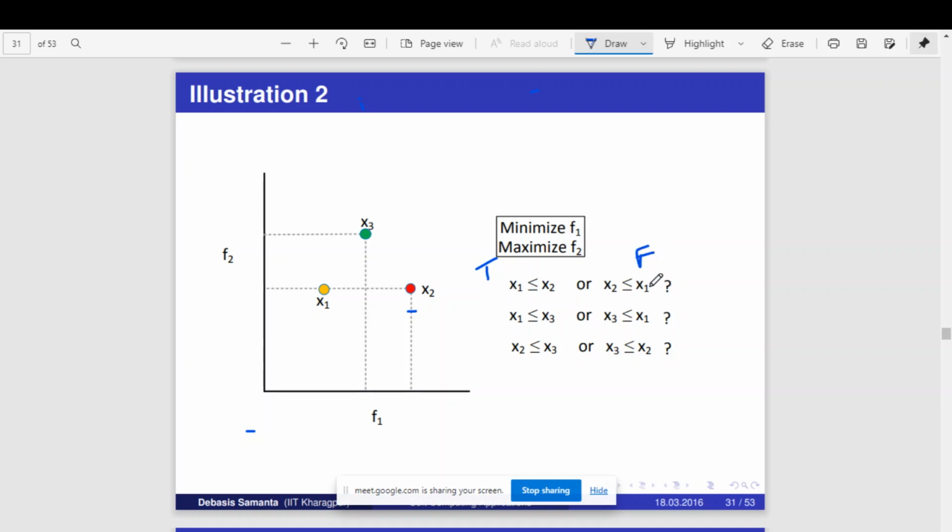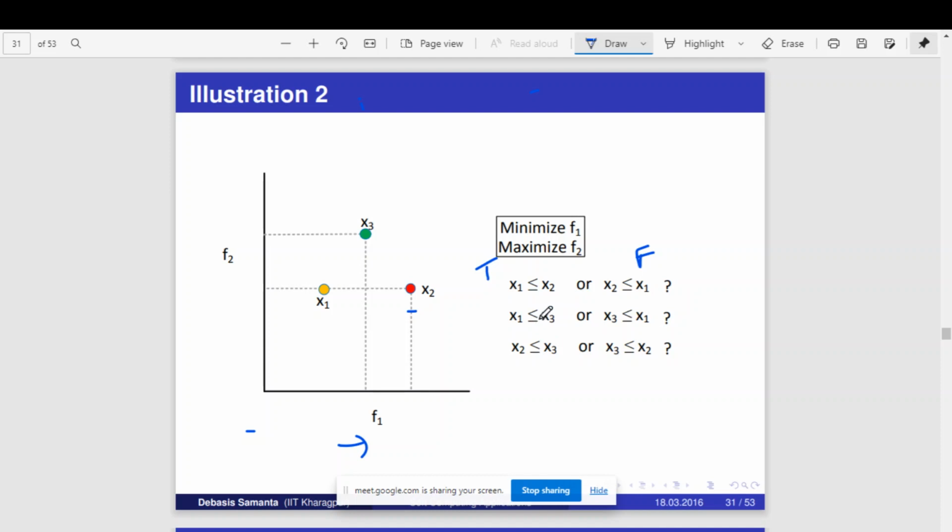No. What about x1 less than or equal to x3?